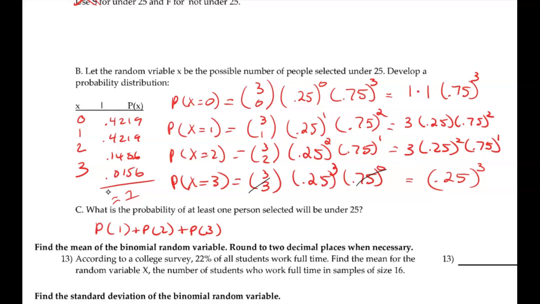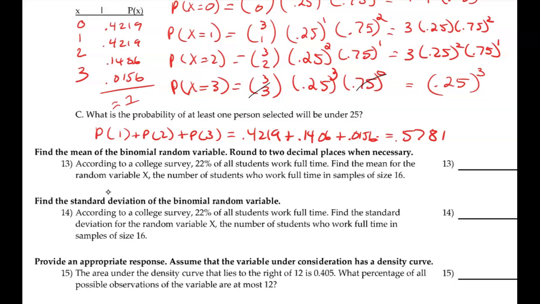So you would add up 0.4219 plus 0.041406 plus 0.0156. And when you add those up, I believe you get 0.5781. You could have also gone to 1 and just subtracted out that first 0.4281.